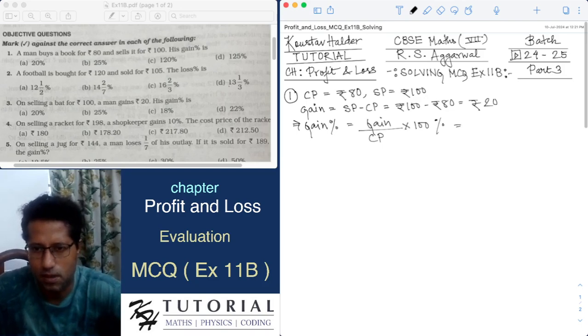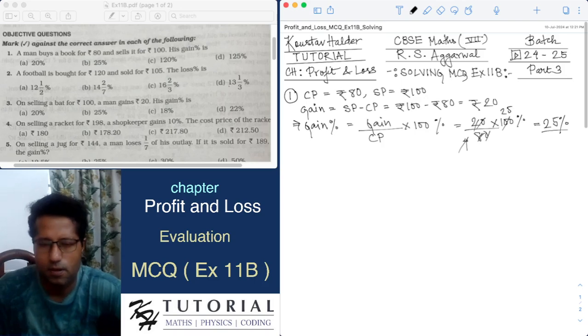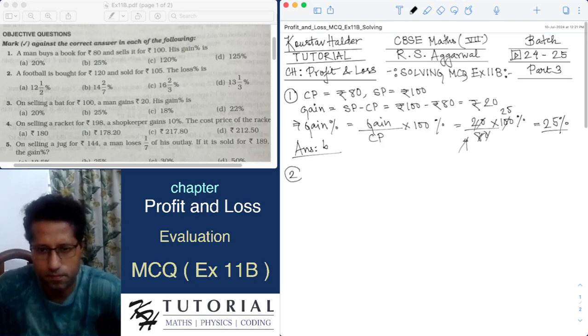Gain is 20, cost price is 80, multiplied by 100, this is equal to 25. So the gain is 25%. So the answer is choice B.